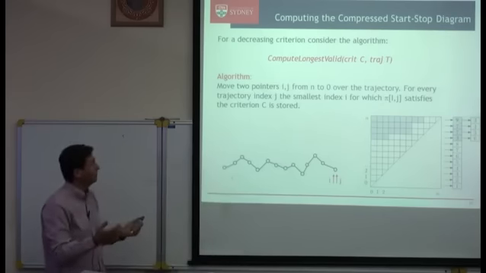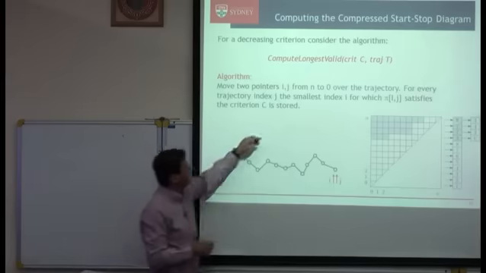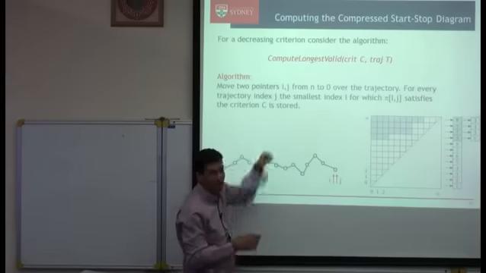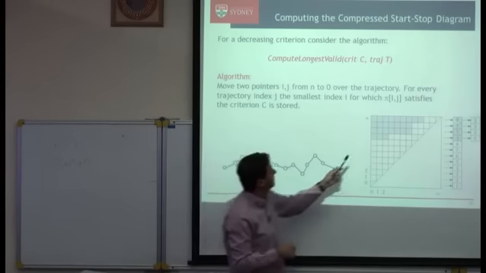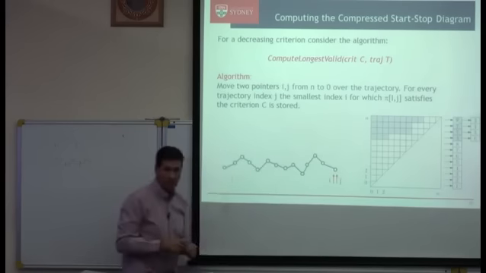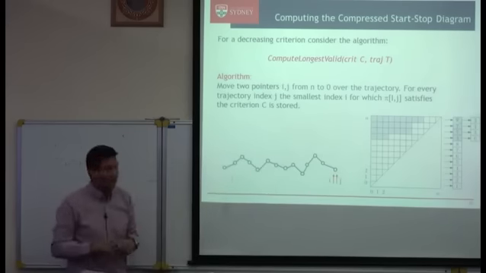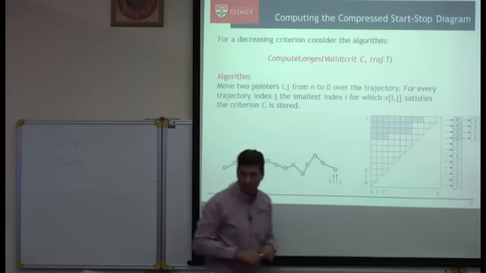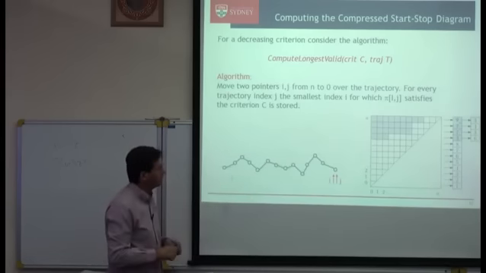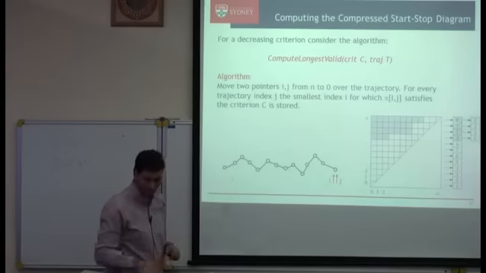For every trajectory index J, we compute the smallest index for which the segment satisfies the criterion C. And then we just store that in our array.